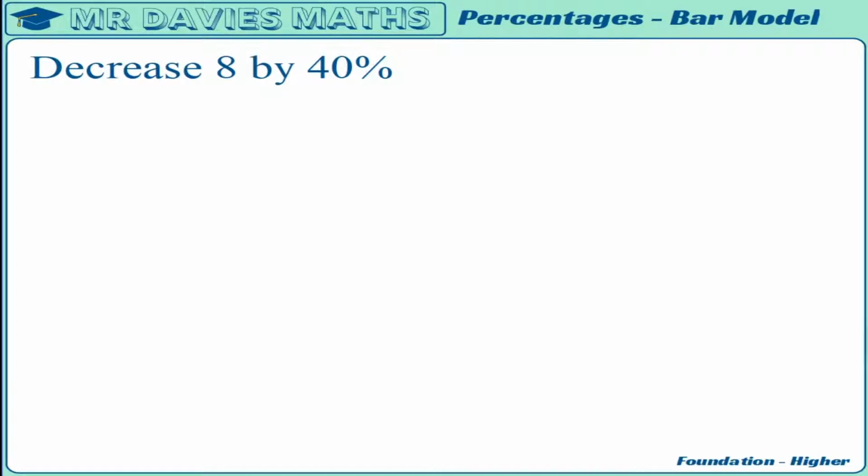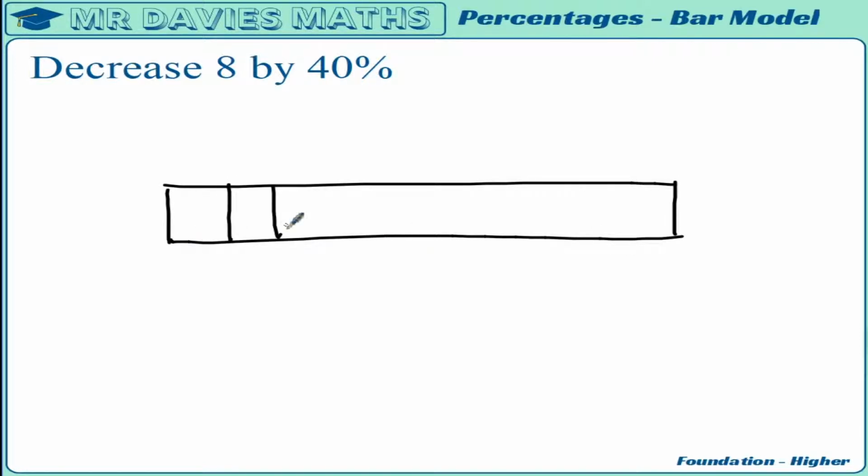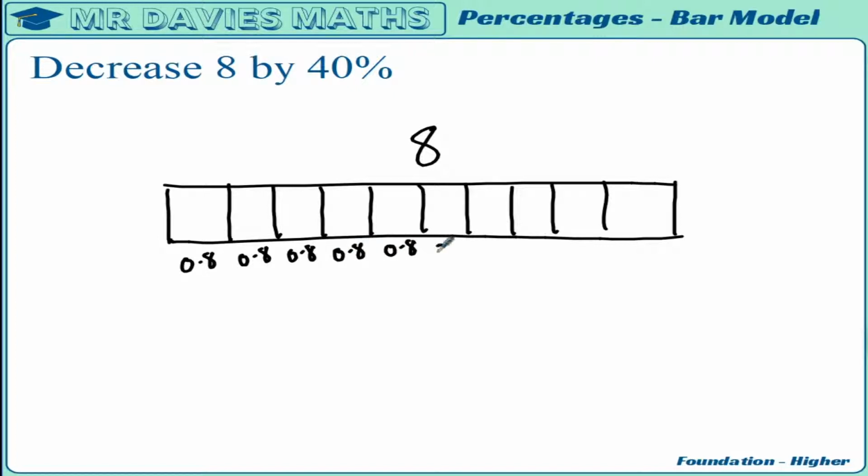Decrease 8 by 40%. So, starting off as always, here's my 10 bars. 1, 2, 3, 4, 5, 6, 7, 8, 9. I've got 8 this time, which means there's 0.8 in each box. Okay, and we're going to decrease by 40%.